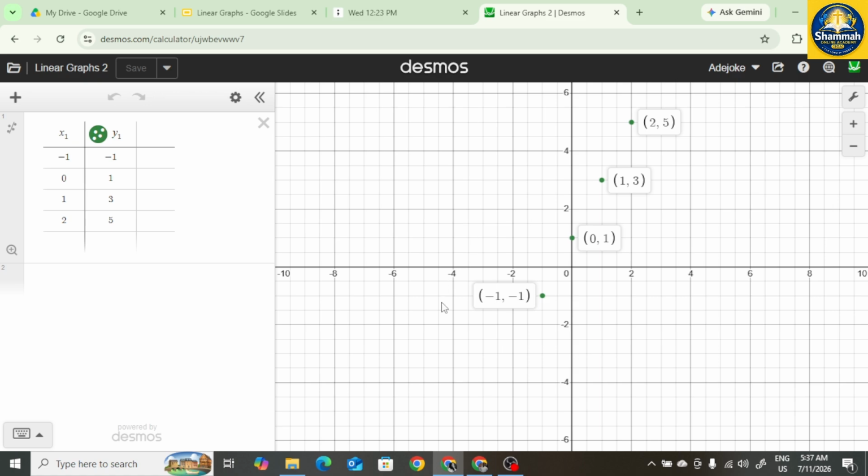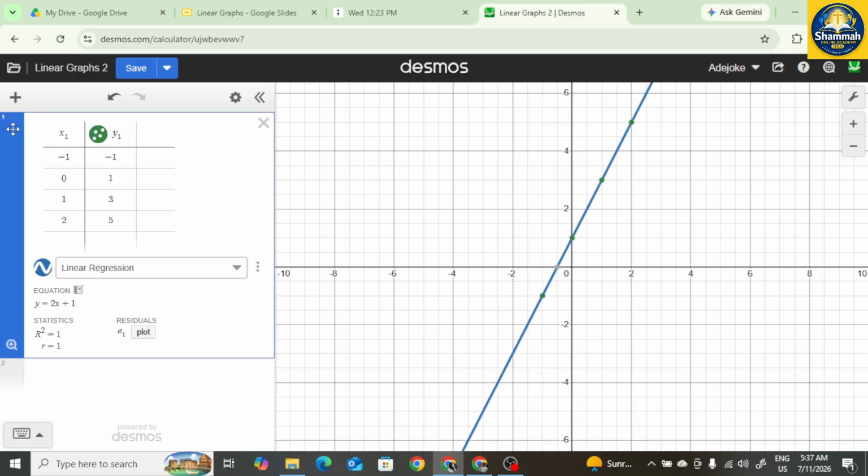So, what's the next thing I want to do? Next thing I want to do is to draw a straight line across these points and to also extend it, like our steps said. So let's do that. As you can see, the straight line has been drawn, and this completes what? Our linear graph. I'm going to treat a last example on this.